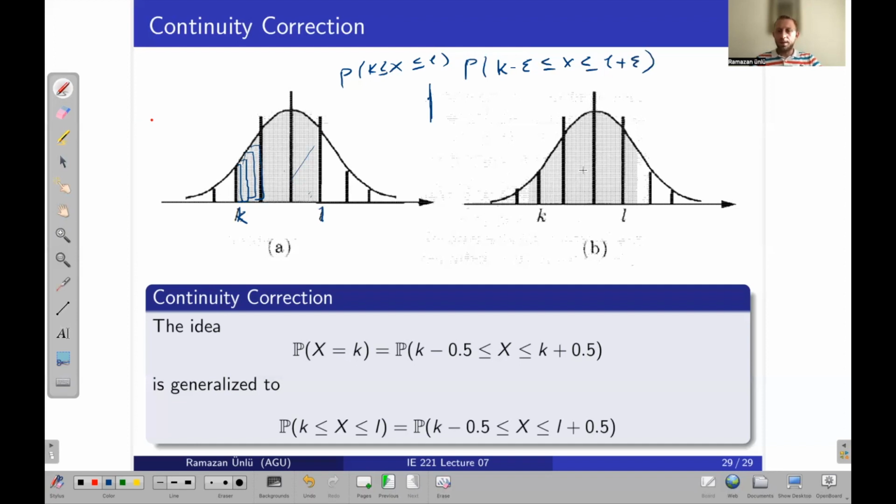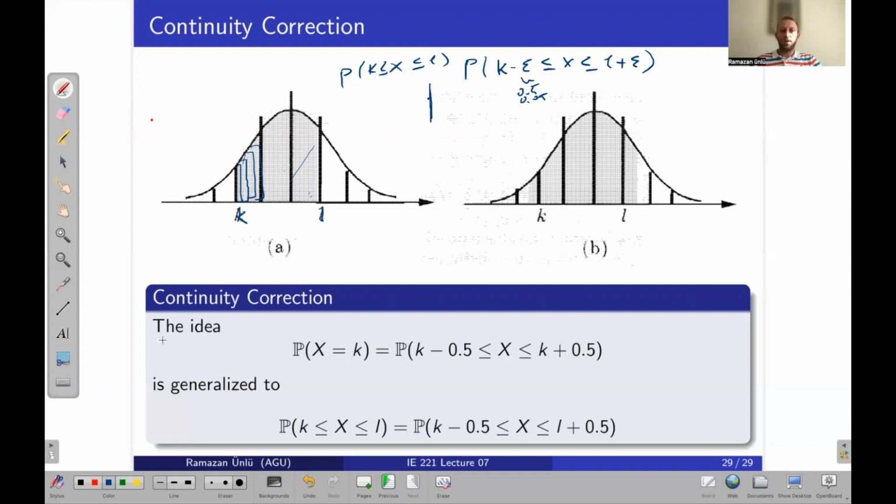So I will add some numbers, and I will increase that area a little bit, okay? And this epsilon is usually 0.5 or 0.05. So if I calculate the area of this new region, that will cover the points K and L for sure.